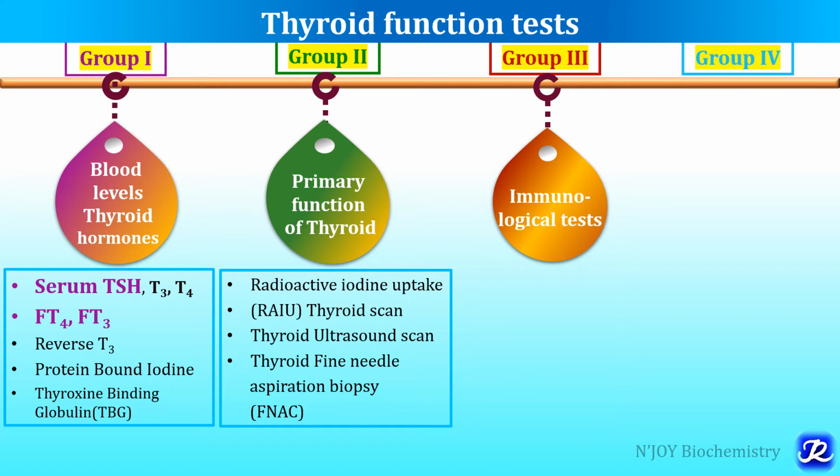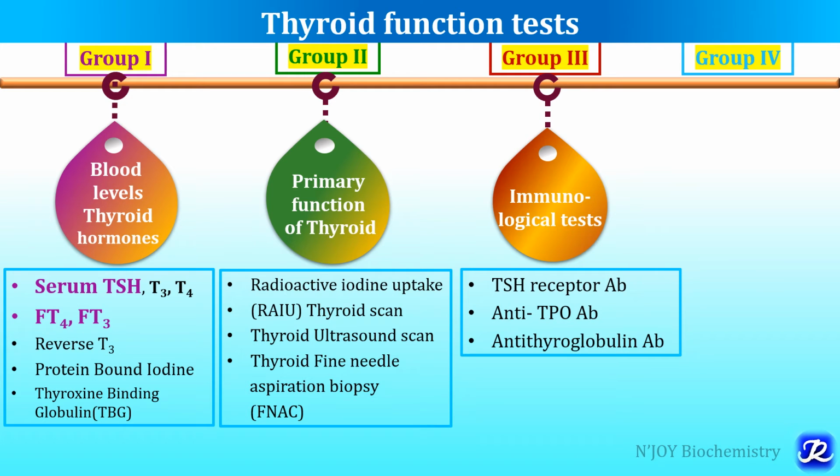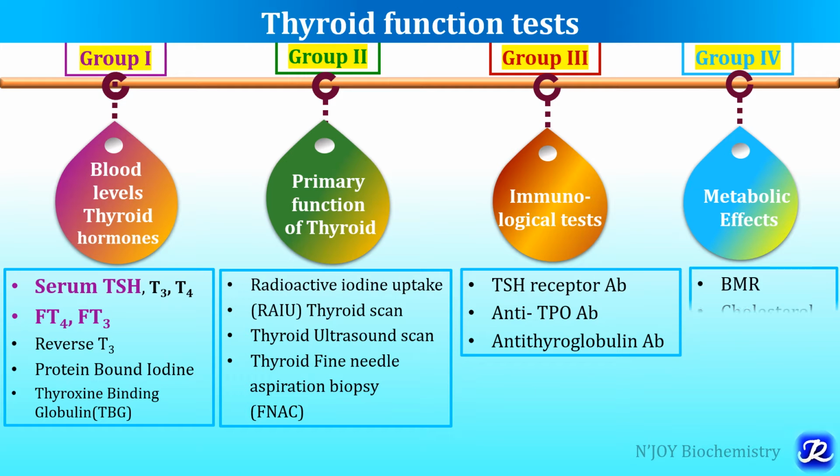Group 3 tests are immunological tests which are used to detect the antibodies, that is anti-TSH receptor antibody, anti-thyroid peroxidase antibody, anti-thyroglobulin antibody. And group 4 thyroid function tests are based on the assessment of metabolic effects.